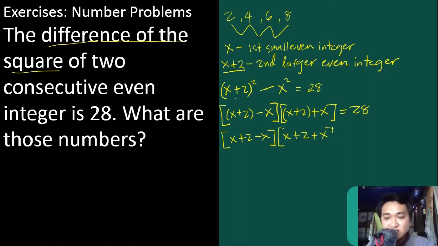In this case, hindi na natin ginamitan ng distributive property kasi yung grouping symbols nandito naman sa left side. Kung nasa right side yan, most probably baka ginamitan pa natin ng distributive property. Pero since nasa left side naman yung mga grouping symbols, so it's alright. That is equivalent to 28.